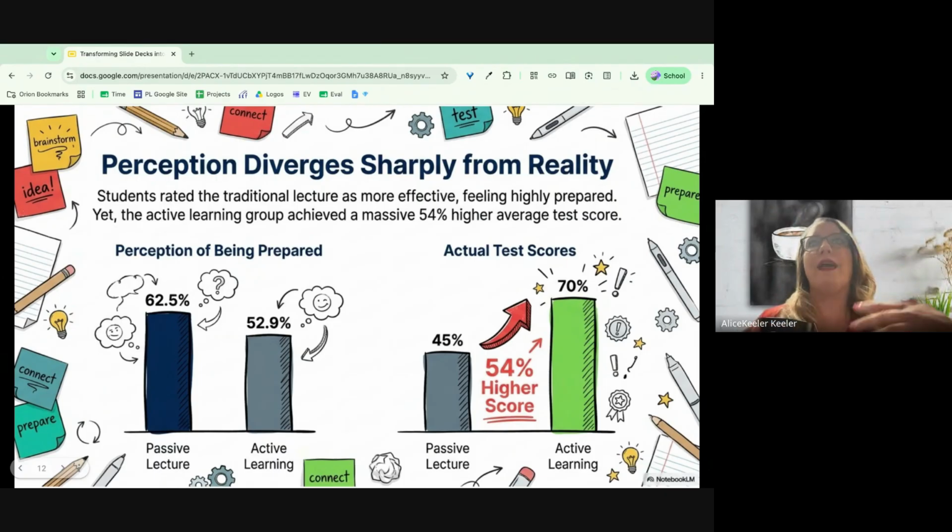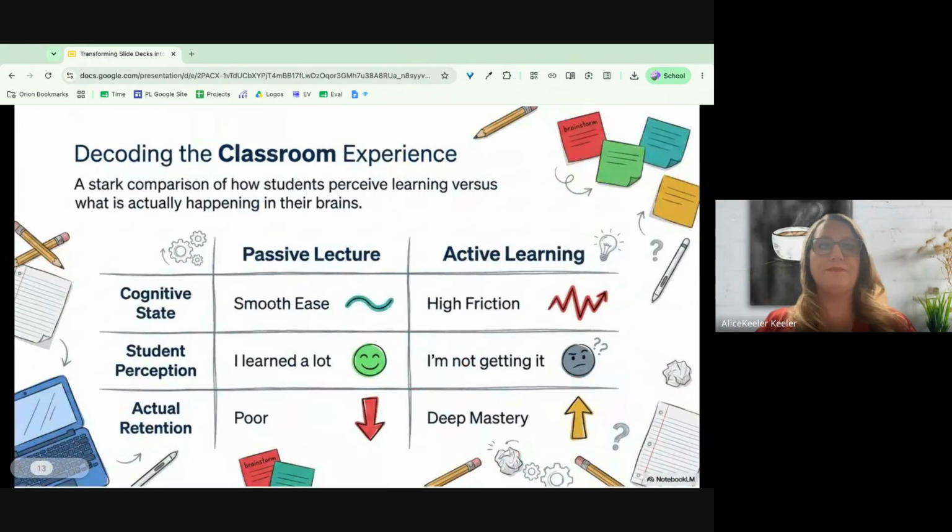It felt like, wow, I heard a lot of things, but did it stick? Can they apply it? Do they remember it later? In the moment, it feels like they did a lot of learning, but the research shows they actually perform better on assessments when they engage in active learning strategies as opposed to a traditional model of note taking.